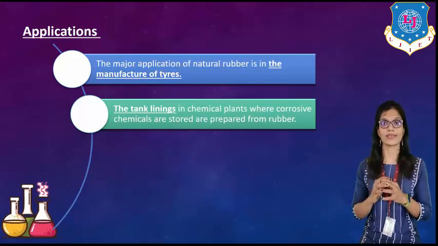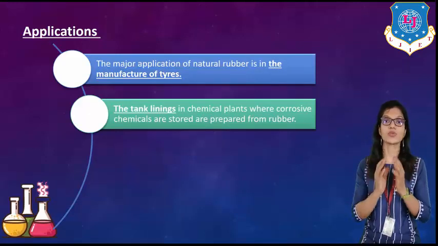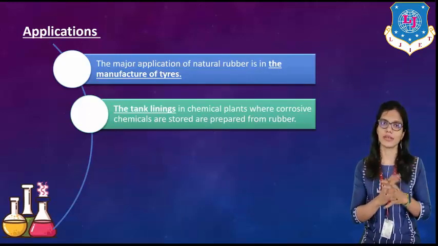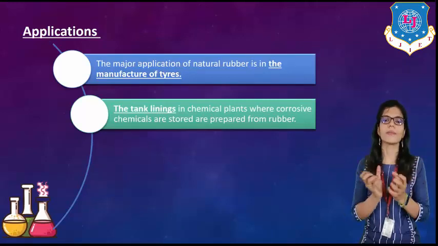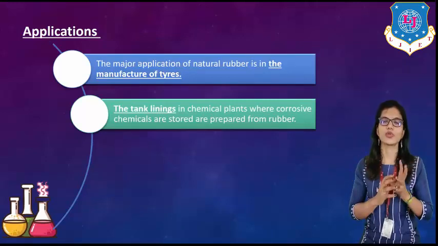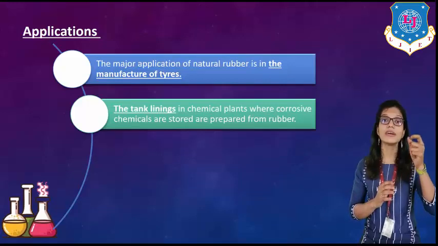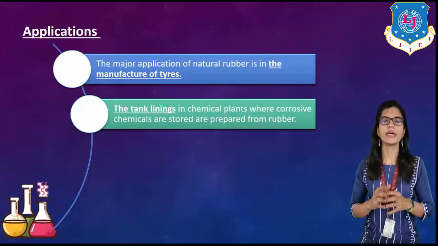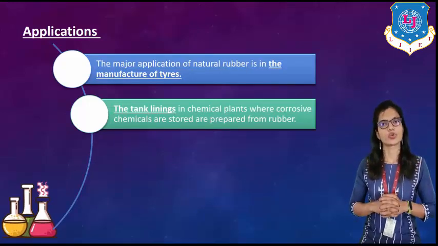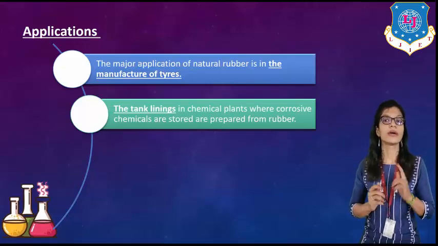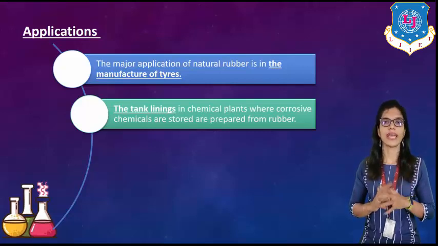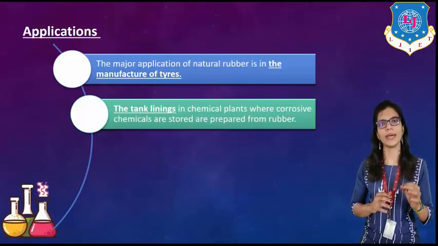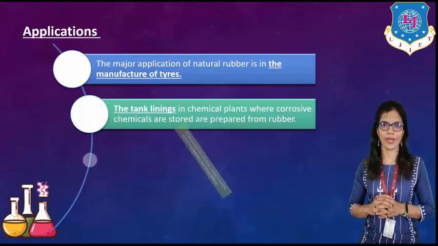The corrosive chemicals corrode the linings, cracks occur, and the chemicals leak, and because of it an explosion or accident can be possible. So we need to understand that rubber tank linings can prevent such situations.